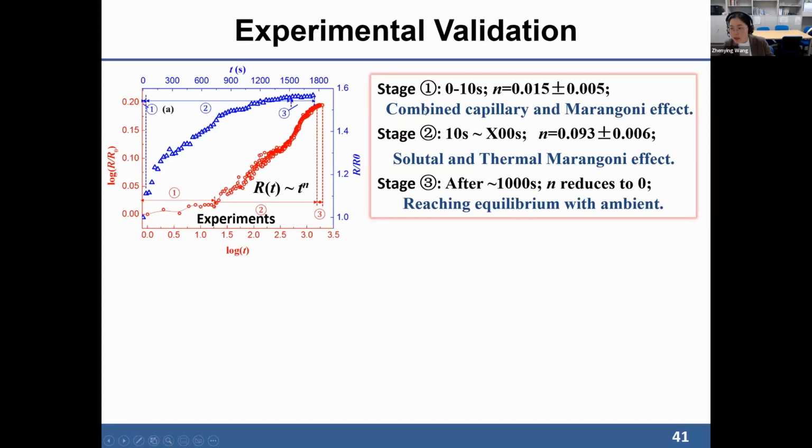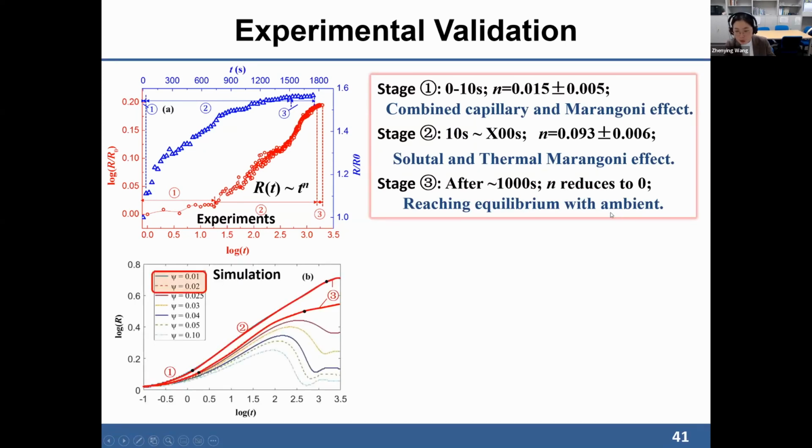The first stage is dominated by the combination of the capillary effect and the Marangoni effect. In stage 2, the solutal-Marangoni effect and the thermal-Marangoni effect become very apparent, so their competition decides the spreading rate of the droplet. In stage 3, the droplet gradually reaches equilibrium with the ambient.